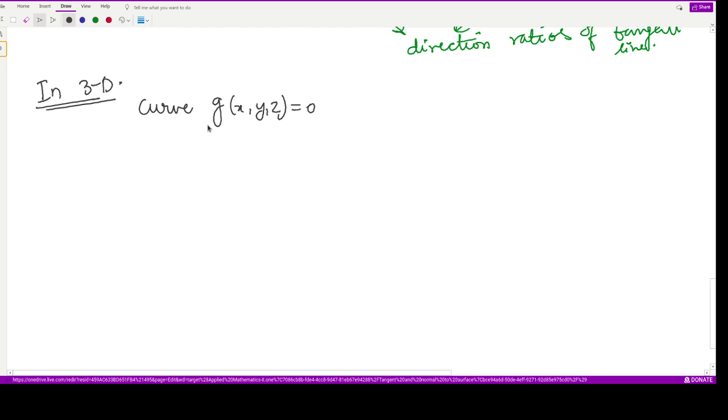In that case, we have the tangent as del g by del x calculated at the point, into x minus capital X, plus del g by del y.